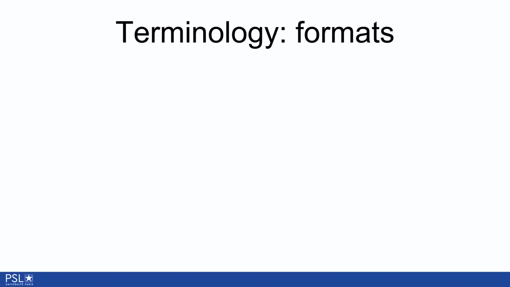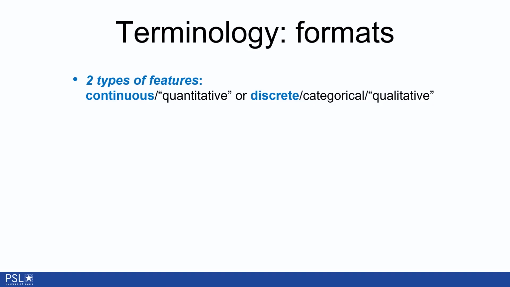Then there's additional terminology that depends on the specific format of the variables. There are in general two types of features. Features with continuous values, such as blood pressure, and such continuous features are often also called quantitative features.